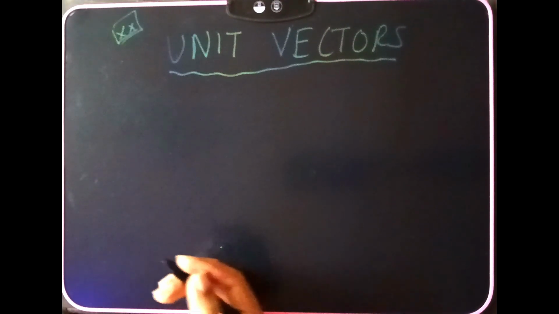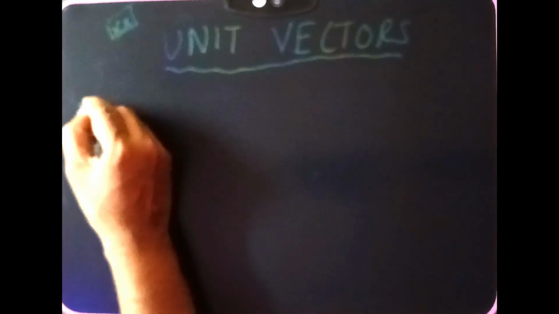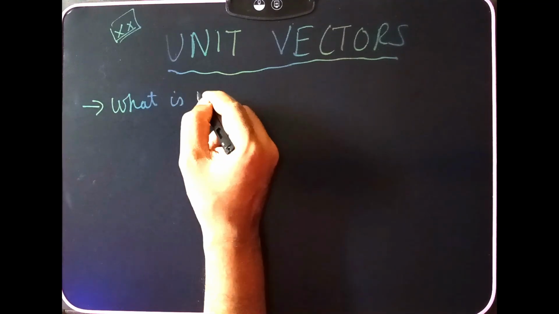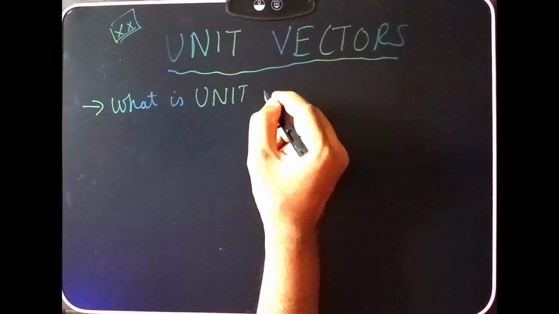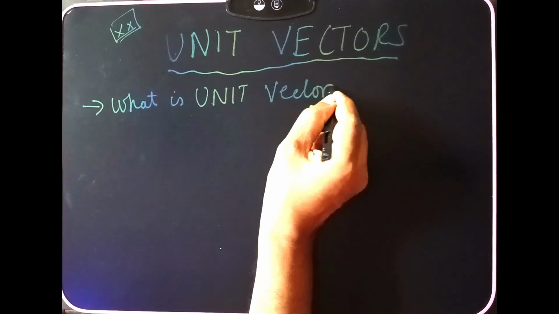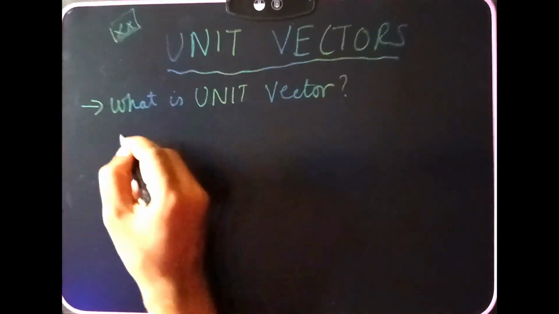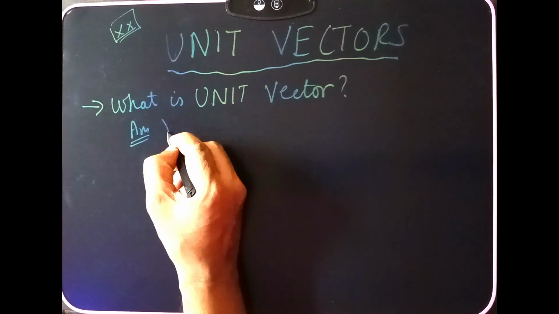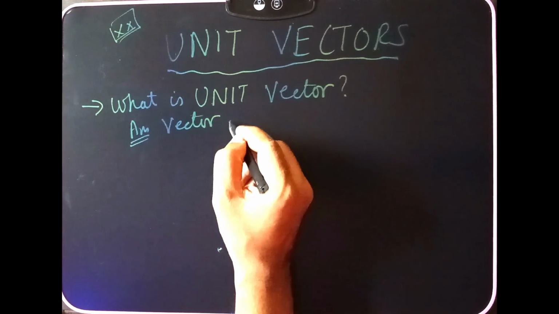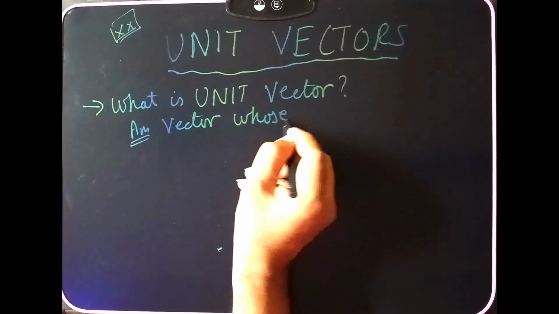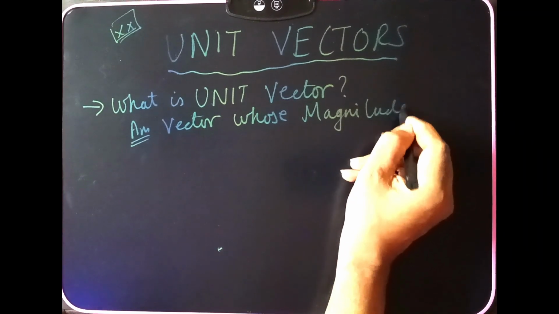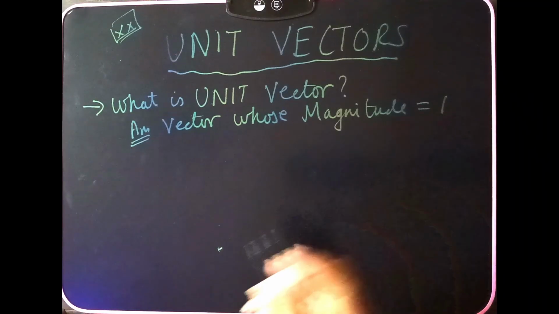What is a unit vector? I'm writing the question; write down the answer in the comment section. A unit vector is a vector whose magnitude is 1.